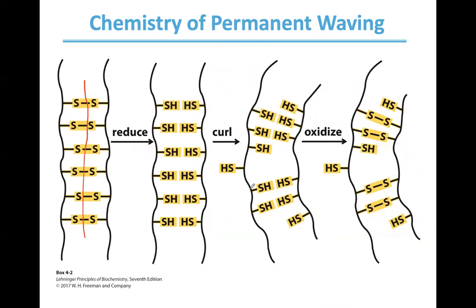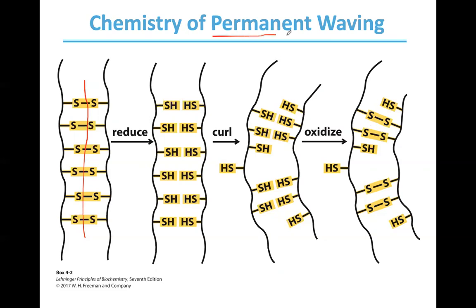By applying heat, then these can shift relative to each other, right? Which will allow for the hair to bend. And then when you apply the solution, you reoxidize them, and they will be reoxidized in different positions. So different sulfurs will form disulfide linkages, and this will form a covalent bond. So this will be permanent, right?